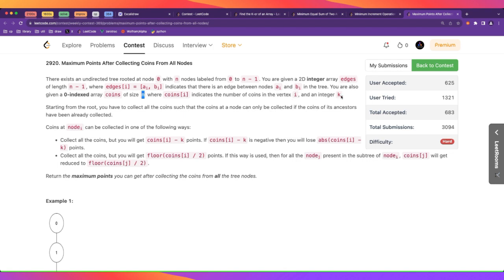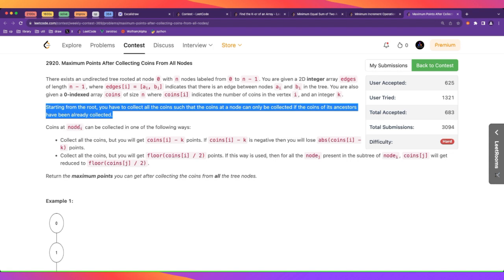And then we also get an integer k. And starting from the root, you have to collect all the coins such that the coins at a node can only be collected if the coins of ancestors have already been collected.